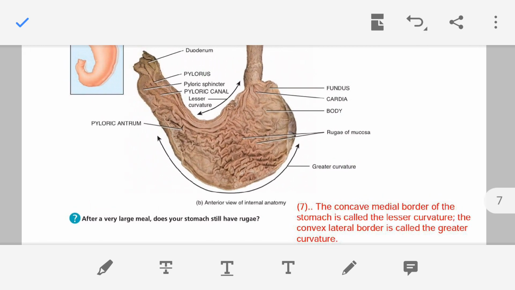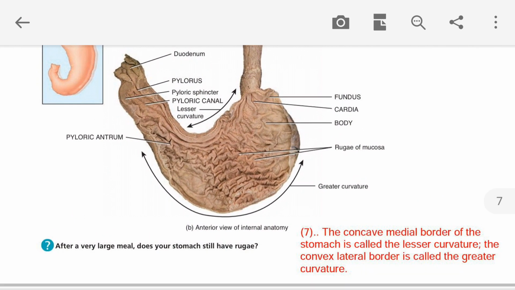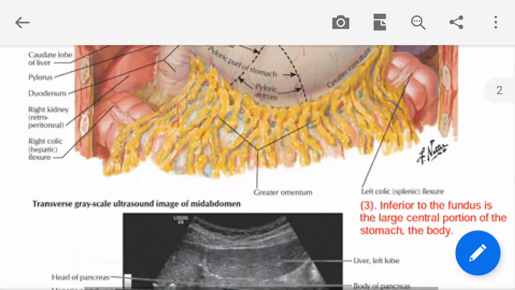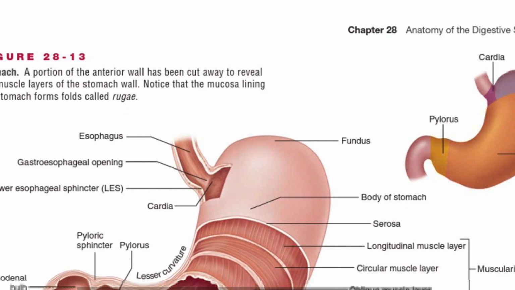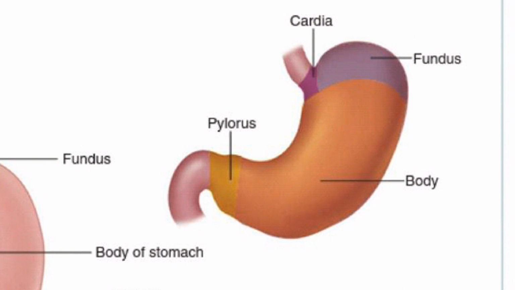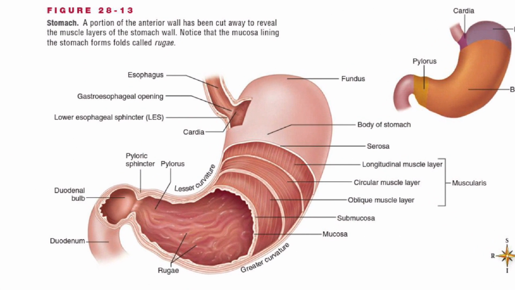Now all the figures I am showing you before I wind up this lecture. Go through all the figures. We started from this figure, the four regions of the stomach. Then this figure. Go through all the names and try to remember them, because all the names are important for the future lectures also.